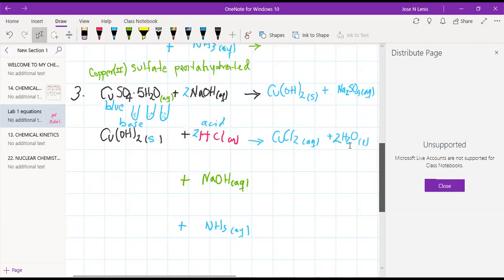Liquid. That water comes from this reaction. So yes, proof that the insoluble base behaves as such, as a base against the strong acid, forming the salt, copper 2 chloride, and water.